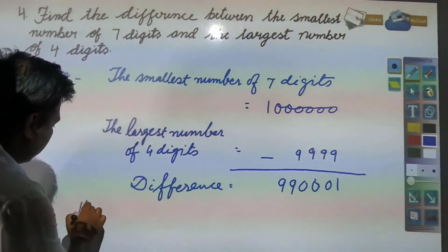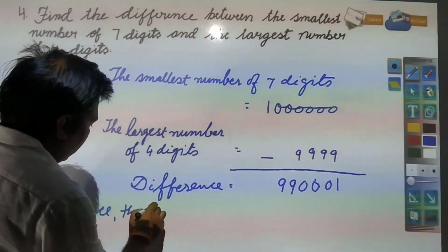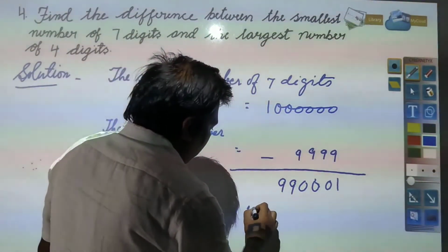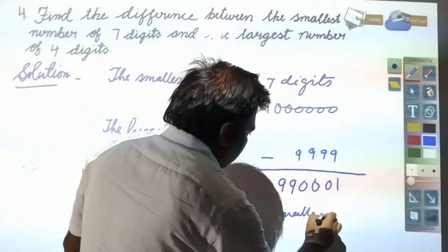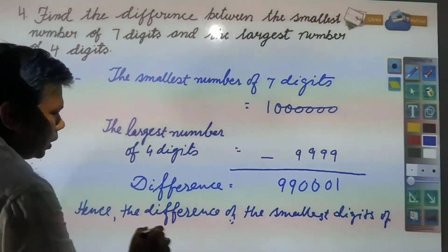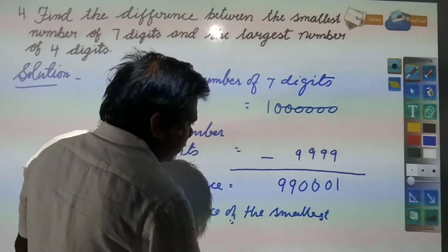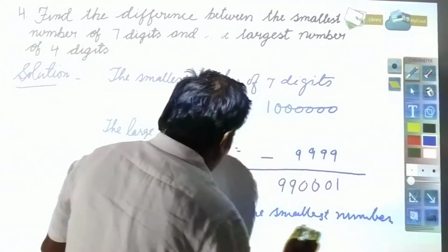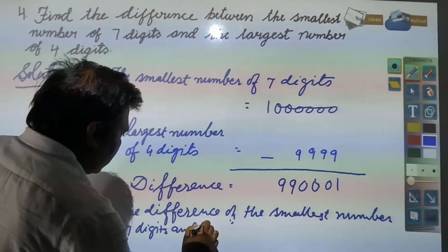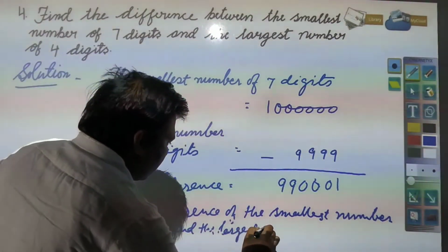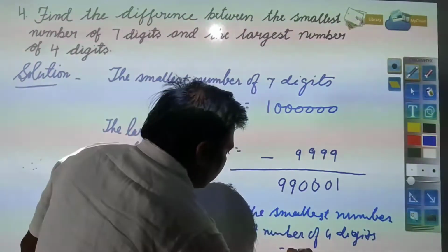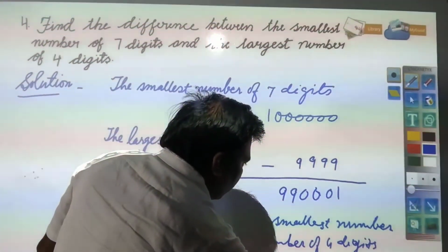So here you will write, hence the difference of the smallest number of 7 digits and the largest number of 4 digits is equal to 9,90,001, and this is your answer.